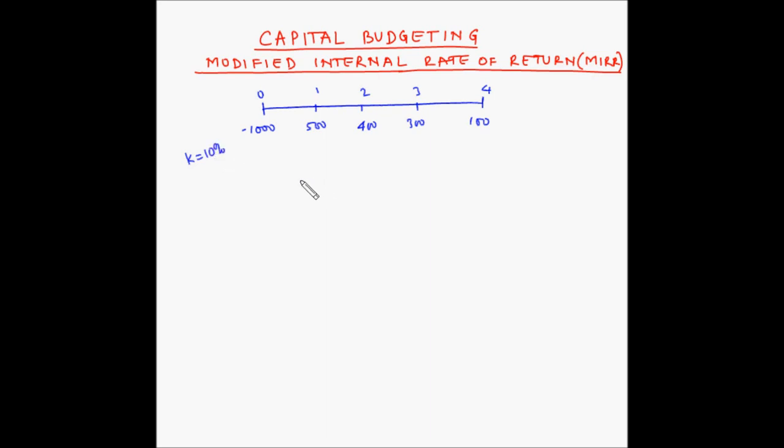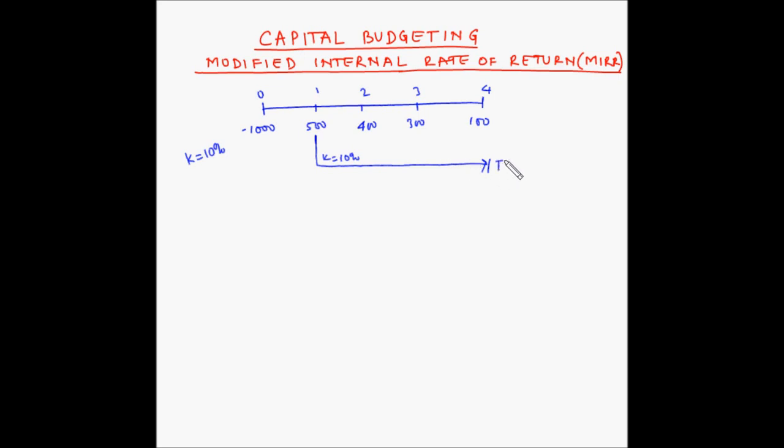Now the MIRR method assumes that the cash inflows that we receive are going to be reinvested at the cost of capital. So this cash flow of 500 rupees will be reinvested at K equals 10% for the next 3 years.